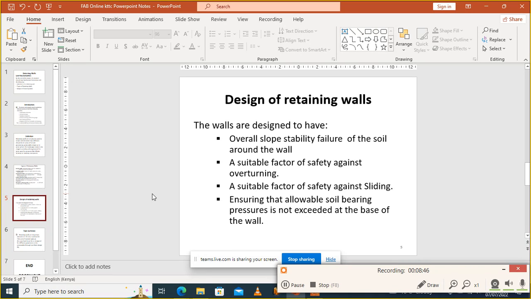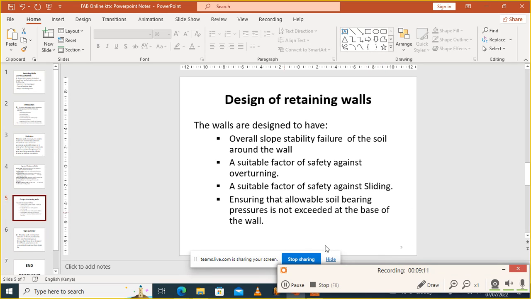The walls are designed to have overall slope stability, against failure of the soil around the wall. Nice one, yes. So the first check is the overall slope stability. Then the next one is we must make sure it's safe against overturning. Then we must also make sure it is safe against sliding.